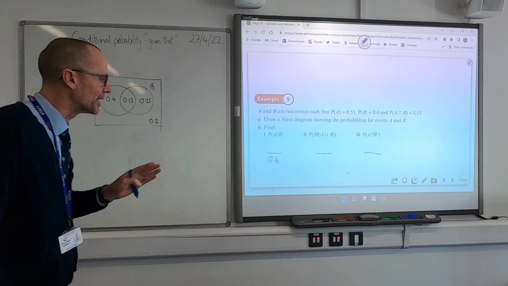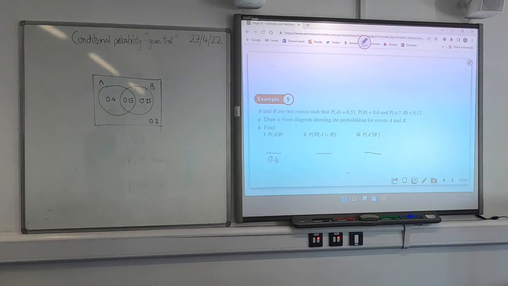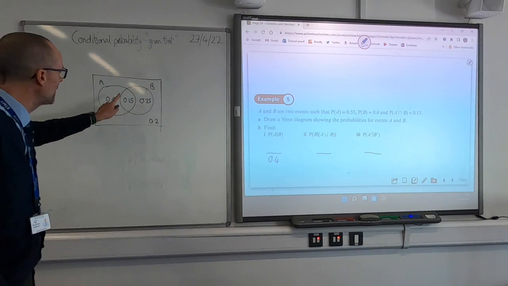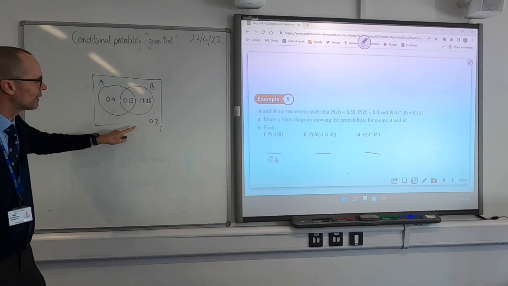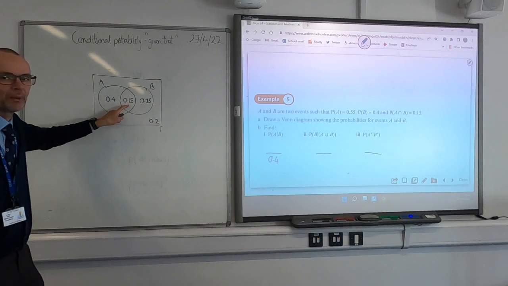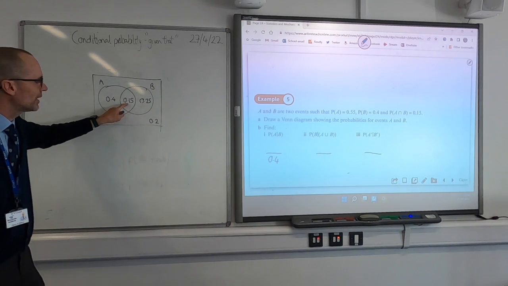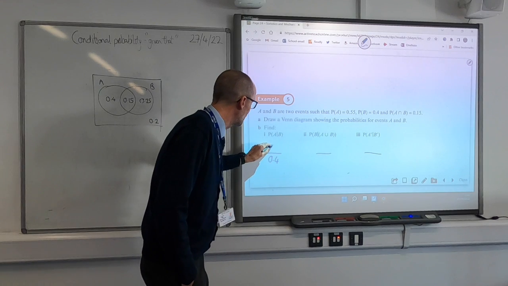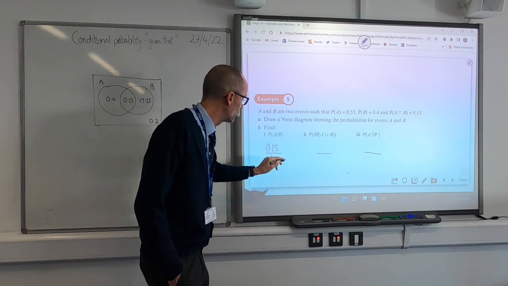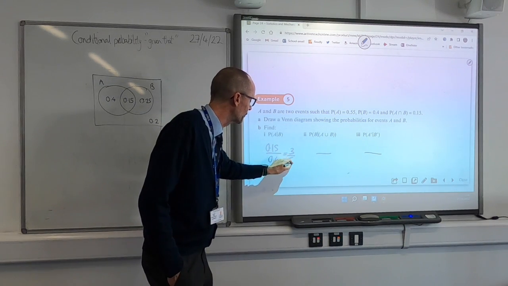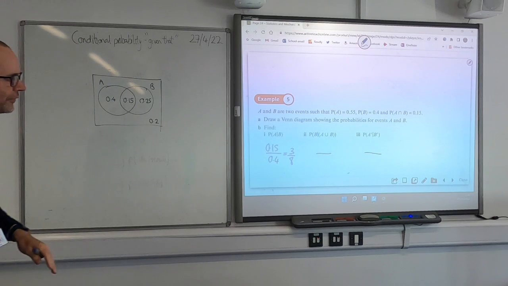Of that probability, what part is down to A? Here's our B probability, 0.4. This is the bit which is down to A. So it's 0.15 out of 0.4, and that simplifies to 3/8, but your calculator would do that for you.